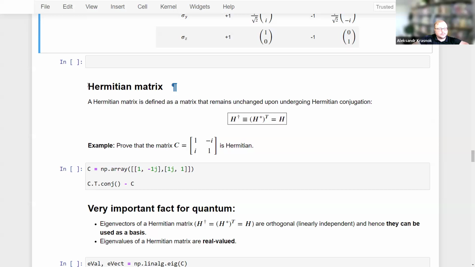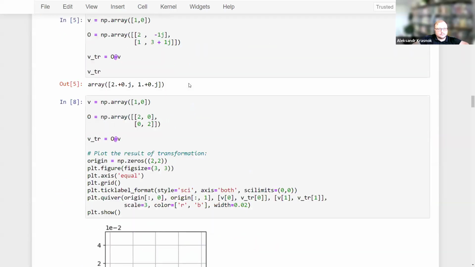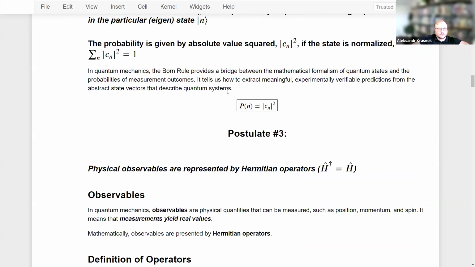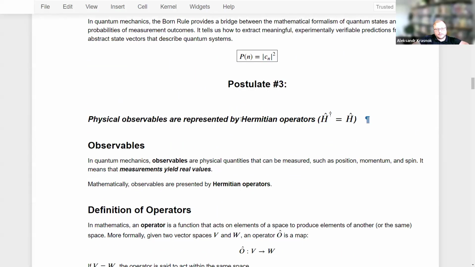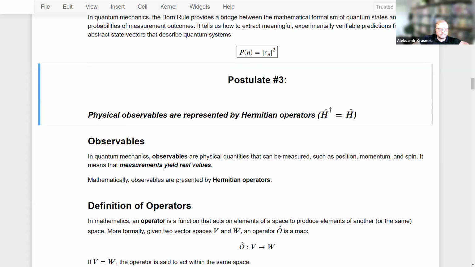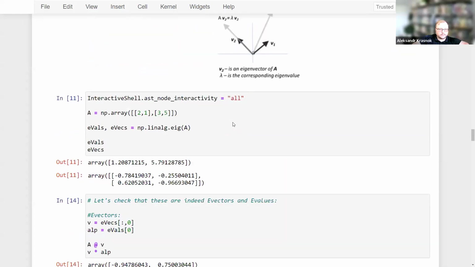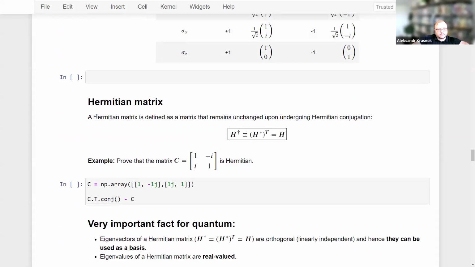Today we continue with the postulates, and the last one we need to discuss is Hermitian operators, right? What are Hermitian operators? Hermitian operators are operators that coincide with their conjugate transpose version.